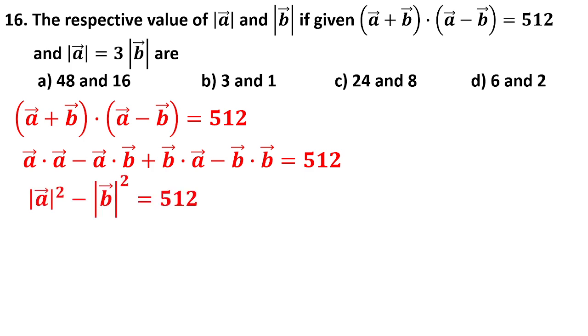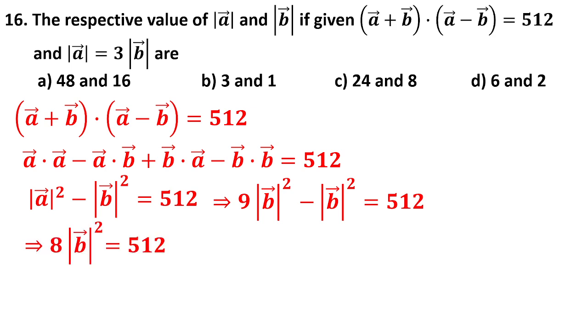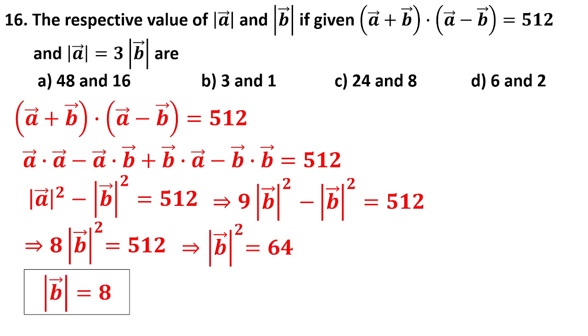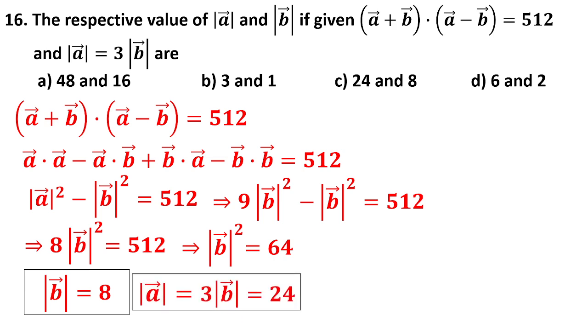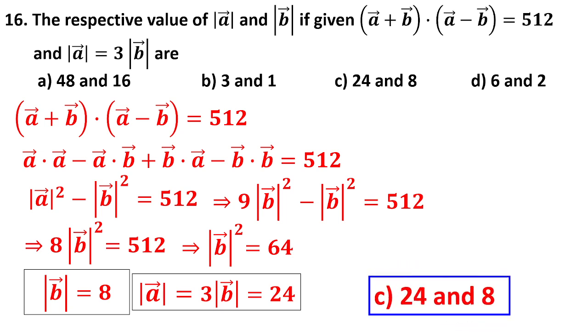Therefore, magnitude of a square minus magnitude of b square is 512. But magnitude of a is given as 3 times magnitude of b. Therefore, 8 magnitude of b square is 512. Therefore, magnitude of b is 8. Now, magnitude of a is 3 times this, that is 24. Therefore, the answer is 24 and 8, Option C.